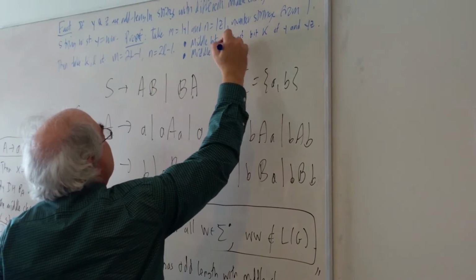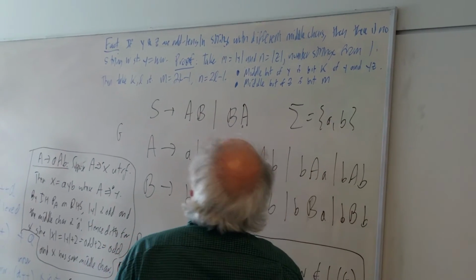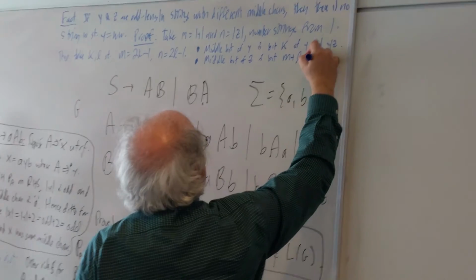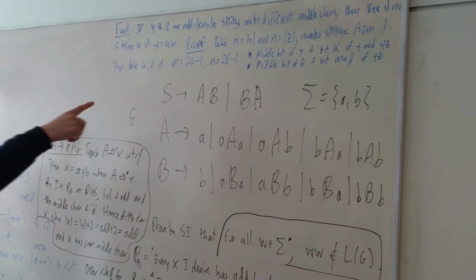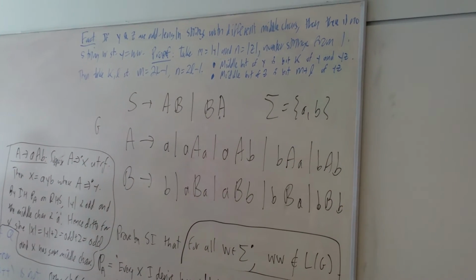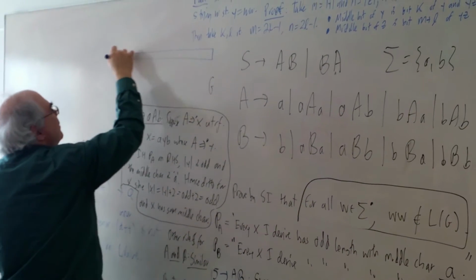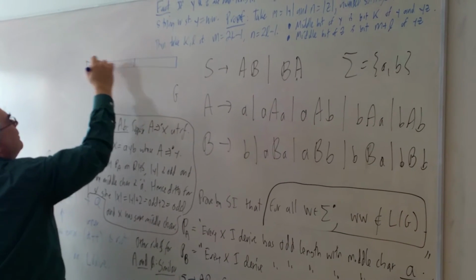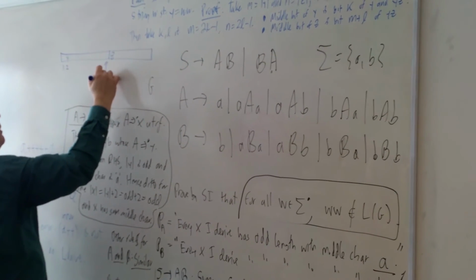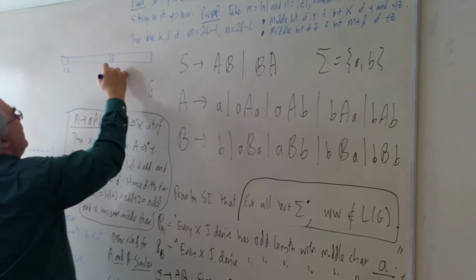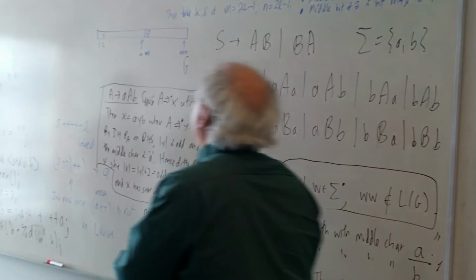The middle bit of Z is bit M plus L of YZ. K and L are lengths. So if we diagram YZ, let's say this is Y, and that's Z. Then this is 1, 2, up to M, and then this is M plus 1, up to M plus N.